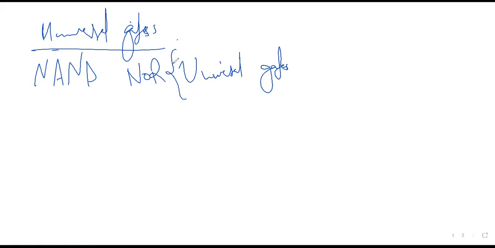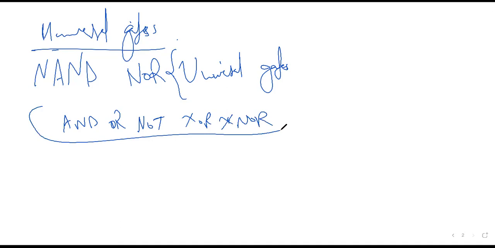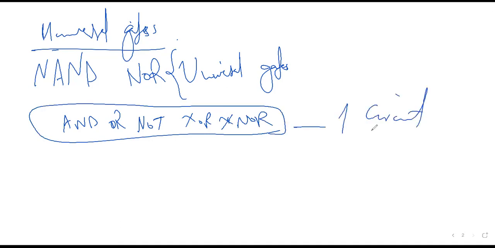Someone came with an idea that instead of using AND, OR, NOT, XOR, XNOR, all of this in one circuit, instead of using different logic gates in one circuit, why not use the same for everything?